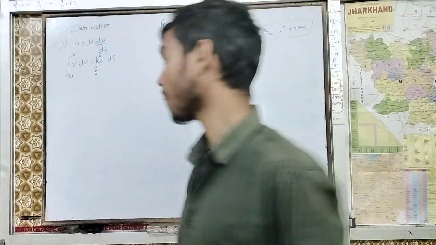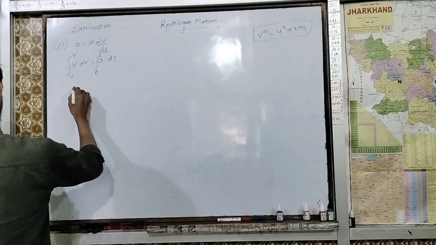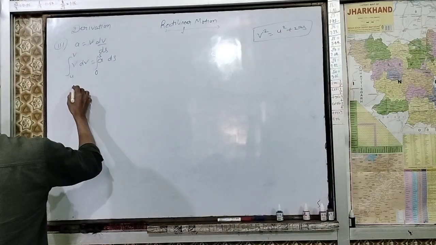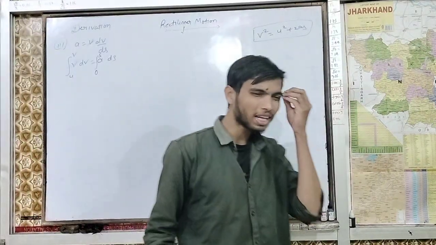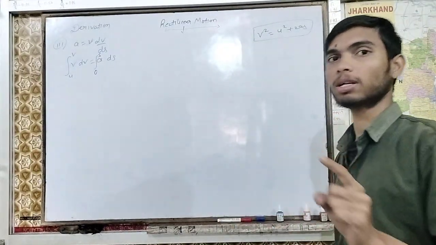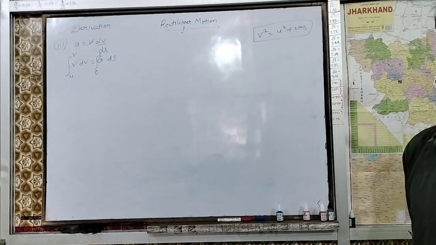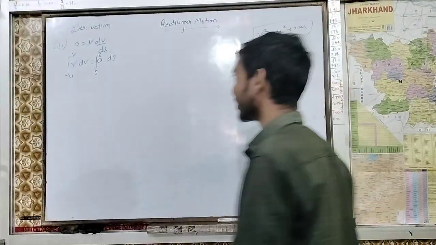So it is saying integration of v with respect to dv. And you know, integration of any variable with the same variable will be nothing but x to the n plus 1 upon n plus 1.